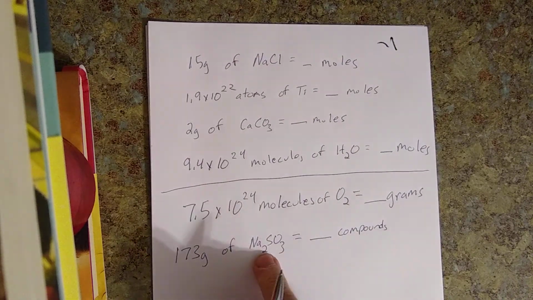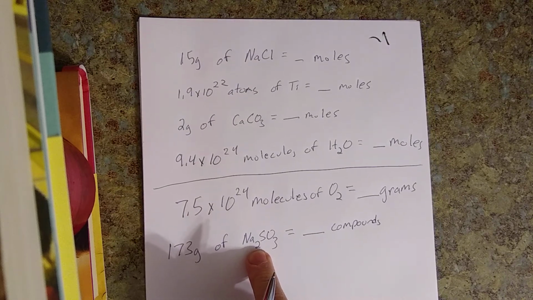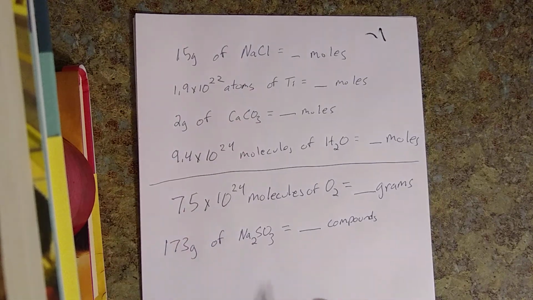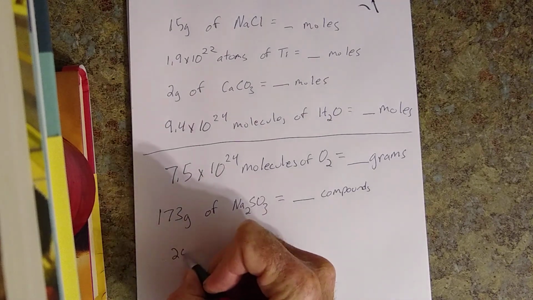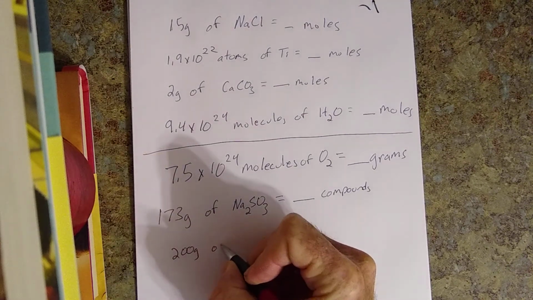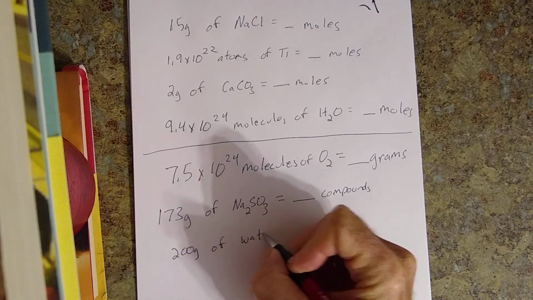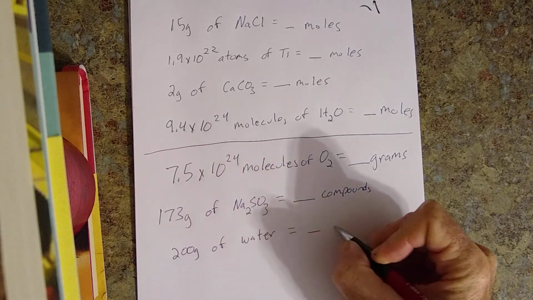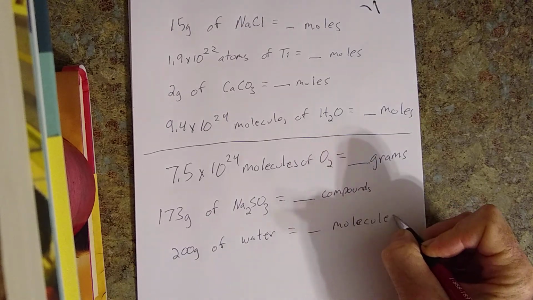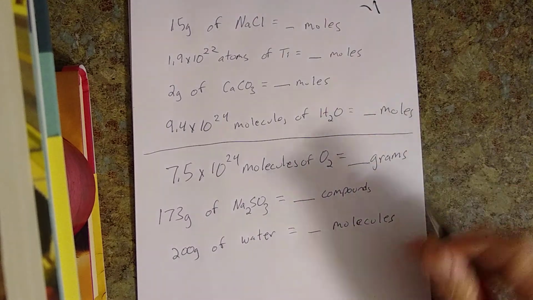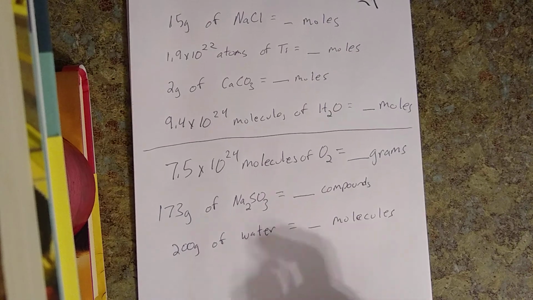I can't say molecules because this is an ionic compound. It's not a molecule. All right. So these are two-step problems. 200 grams of water would be equal to how many molecules of water in that cup? All right.